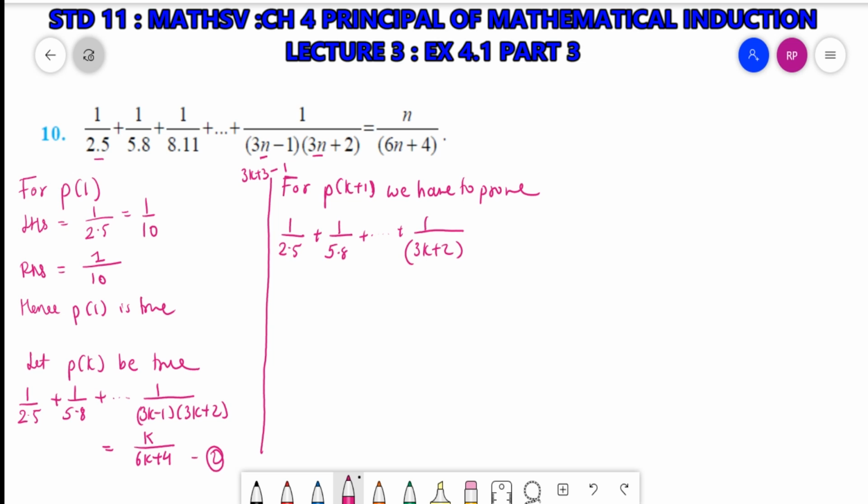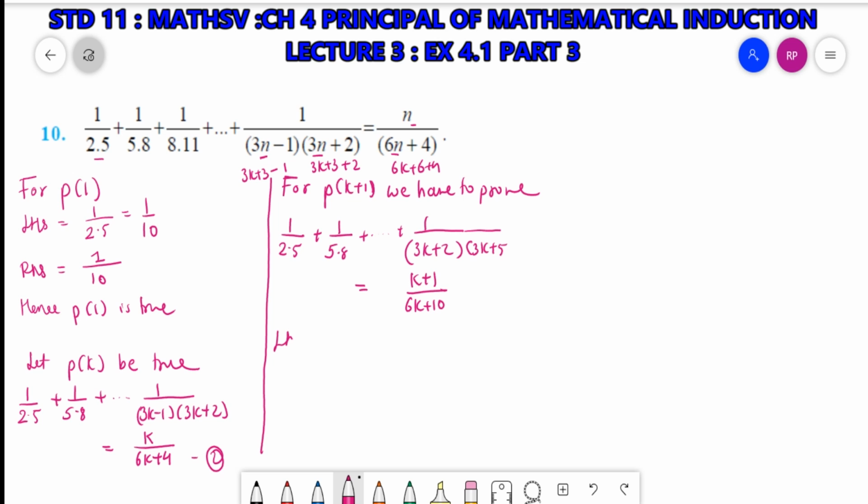And here same thing, 3 into k plus 1, 3k plus 3 plus 2, so that is 3k plus 5. And you have to prove this is equal to, instead of n, k plus 1 upon 6 into k plus 1. Okay, 6 into k plus 1, that will be 6k plus 6 plus 4, that is 6k plus 10.